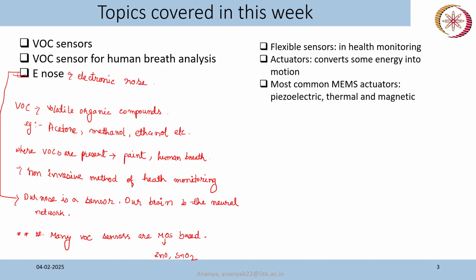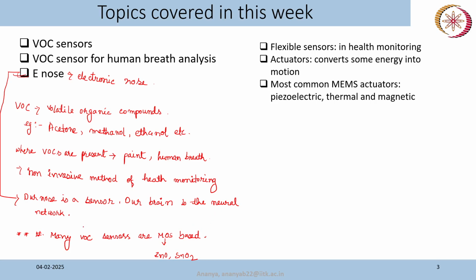Because most of these sensors are MOS based, they normally operate at higher temperature, so that this material actually acts as a sensing material. So if you have a MOS based VOC sensor that operates at a higher temperature, not at room temperature, then you will also need a microheater along with the sensing elements.